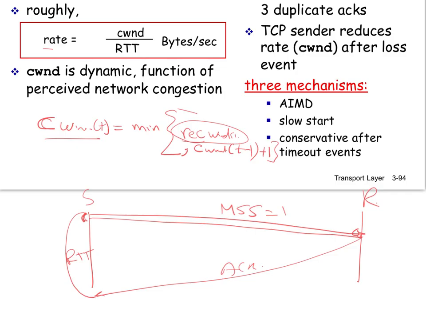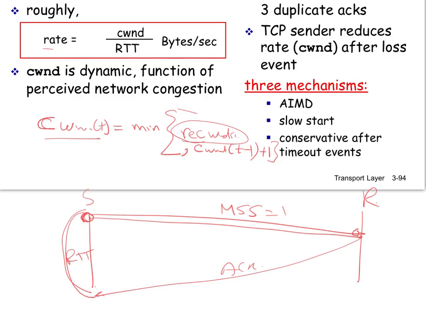It's the effective transmitted segment over the total time. This is the transmission time for one segment, and this is the total round trip time.